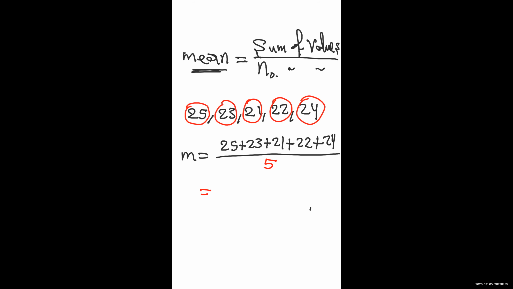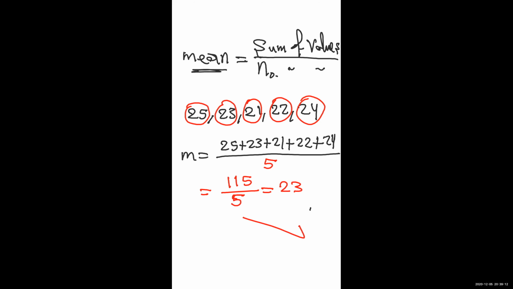Using the calculator, we will find that it equals 115 over 5, which is equal to 23. Okay, this point is clear, guys? Yes. Great. So this is a small introduction about the mean, which we already studied before.